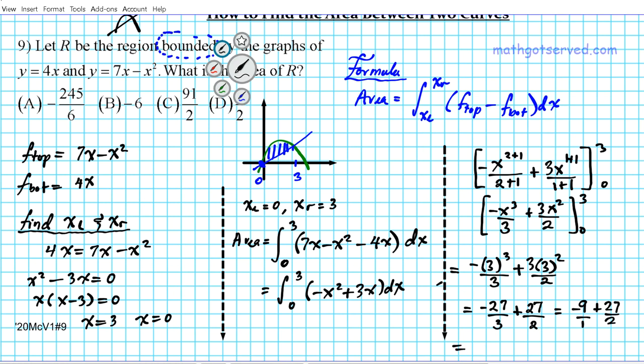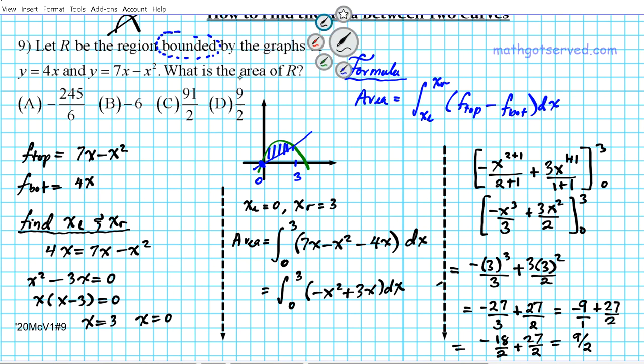That gives us negative 18 over 2 plus 27 over 2. And then you combine the numerator, keep the denominator, you're going to end up with 9 over 2. Our final answer for question number 9 is option letter D. That's the answer right there.